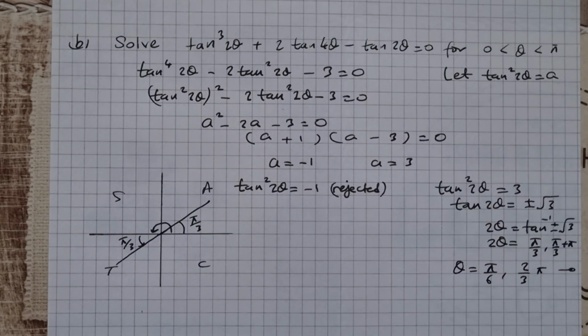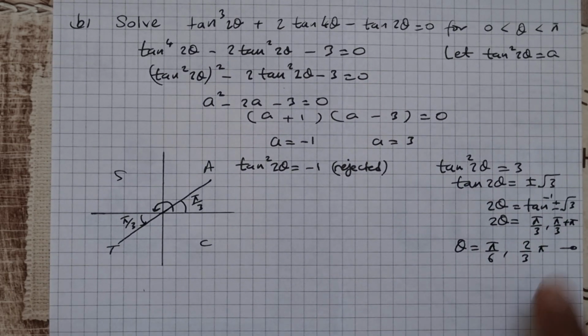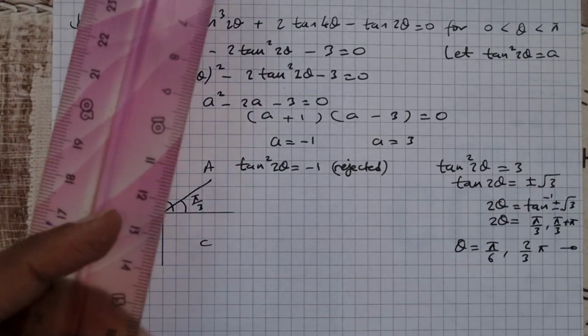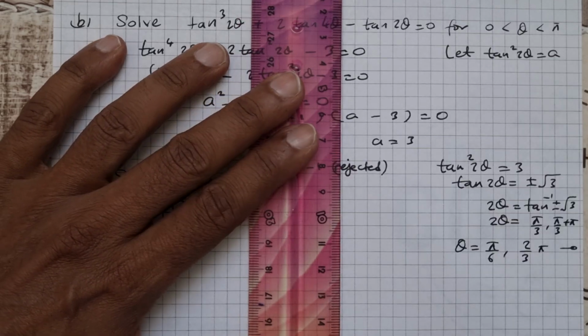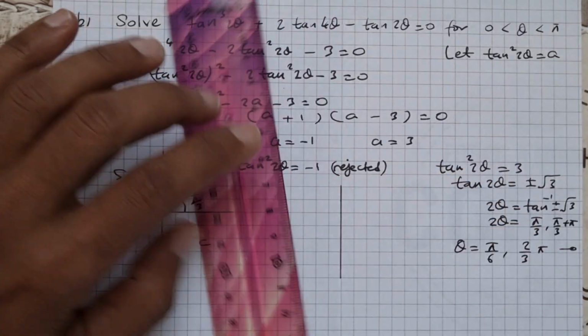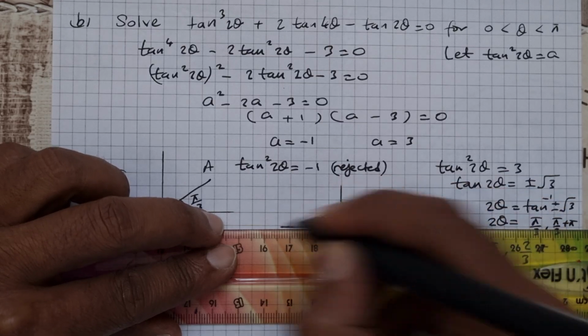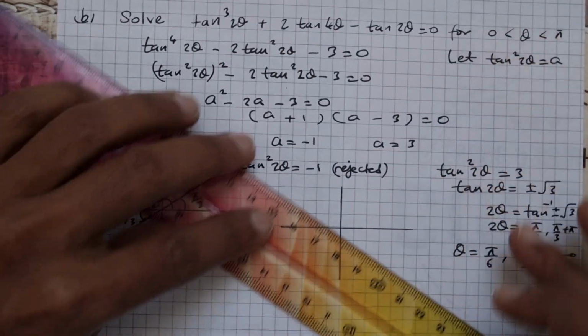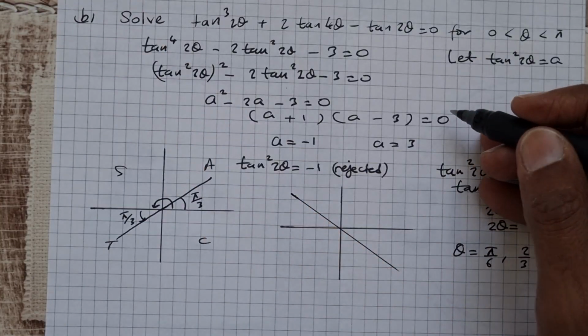And now we're going to look for the negative one. Okay, so let's take a look at the negative square root of 3. So the way I would do this is, let's take this over here, see where we can go. So we're talking about a negative angle here, right?